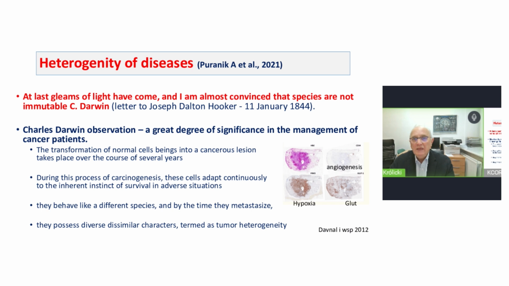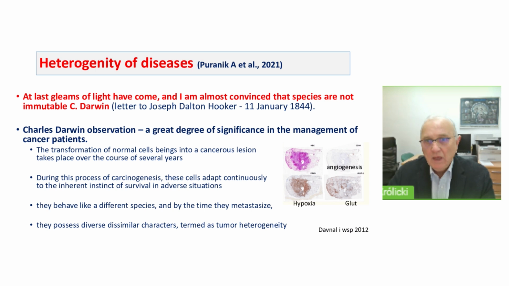It's all interrelated with a story going back to Darwin. In 1844, he wrote that species are not non-variable. They do undergo variations and changes. The same applies to cancer cells. They are transforming from normal to pathological cells during carcinogenesis.